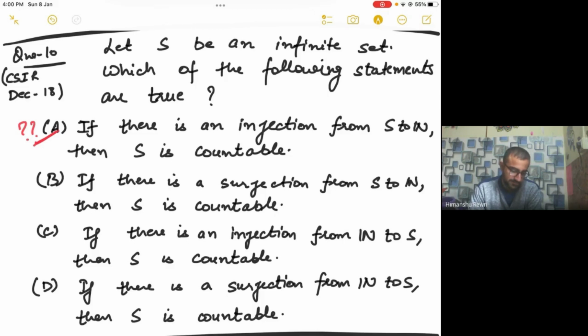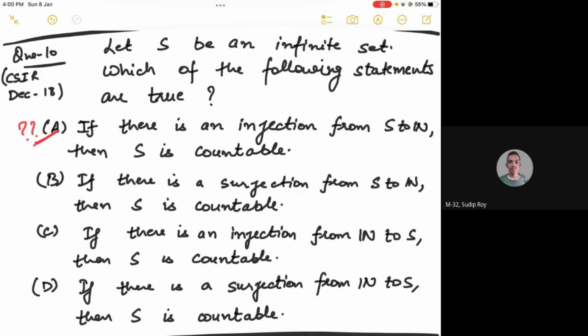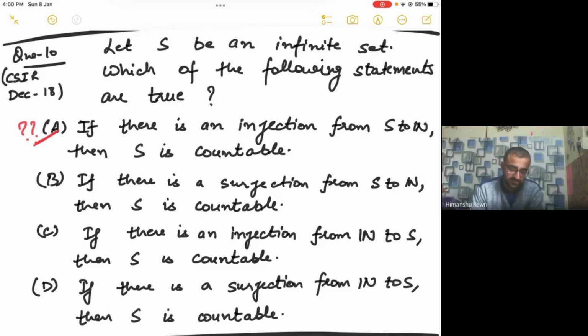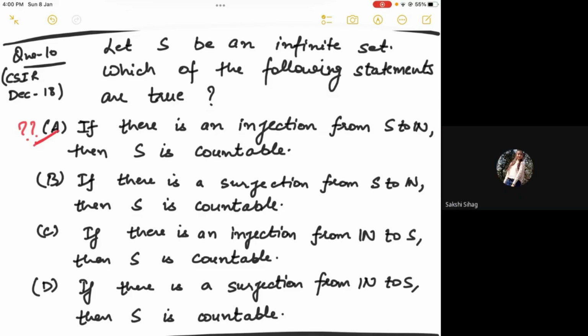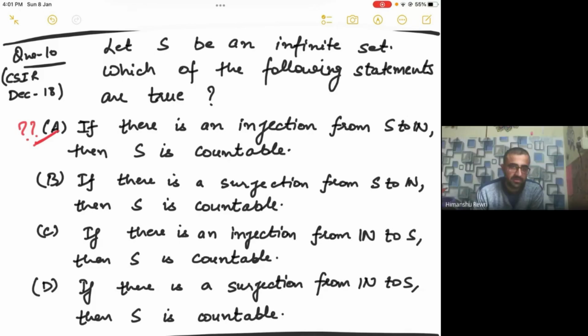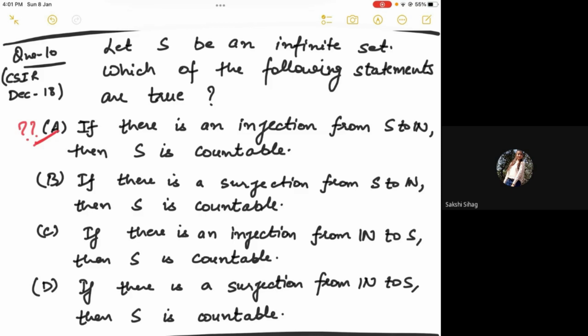Option A. True. True, sir. Why? Because N is countable. Because if an injection is there, then each element will map to a single element in the codomain.